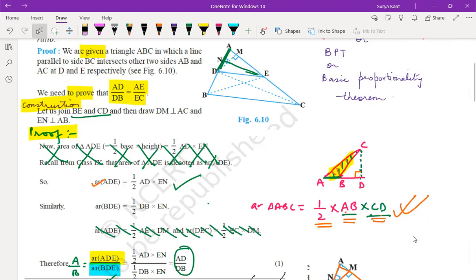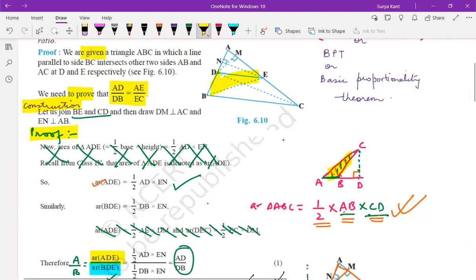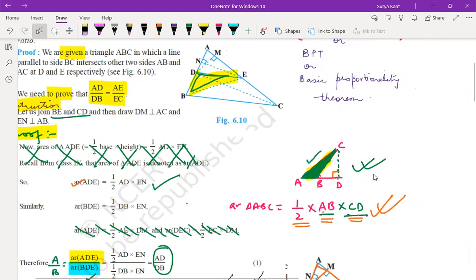Now, second point, try to understand. Now we are considering this triangle DBE, this yellow part. Before this triangle, we have to learn one concept. You can see this triangle I'm shading right now. If you want to find the area of this shaded green part, we should write half base into height.